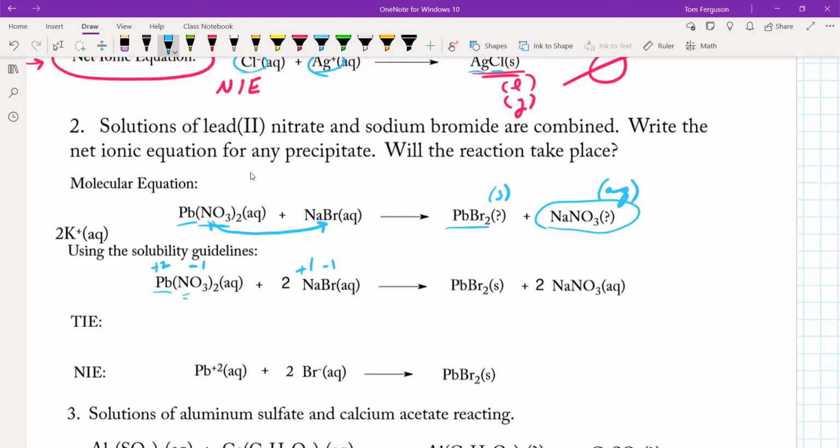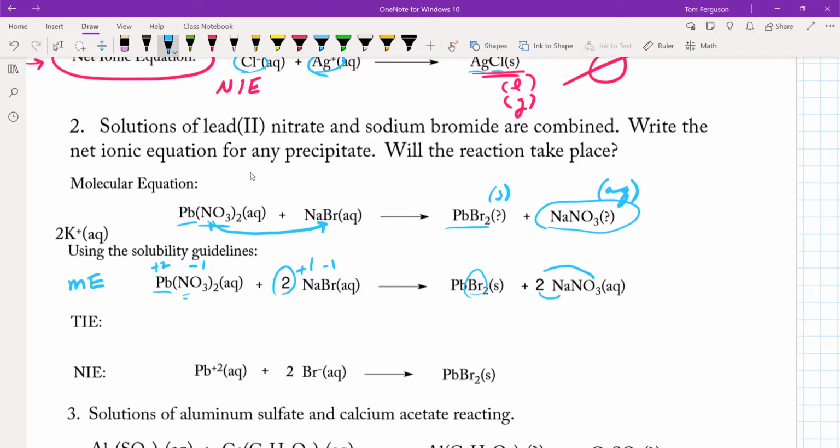So when we balance this, we need 2 bromines here. It means the coefficient here has to be 2. That kicks the sodium up to 2. And then we have 2 nitrates, which are here. So that's balanced now. Okay, we always have to balance equations.